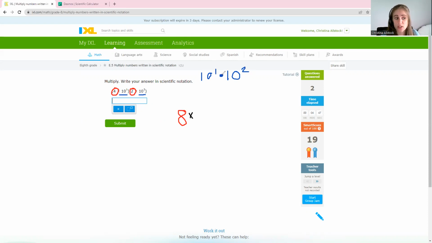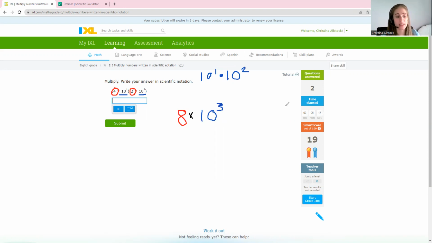Remember, with the properties of exponents, if you are multiplying two powers with the same base, so our first power is 10 to the first, our second power is 10 to the second, do they have the same base? Yep, they both have a base of 10. That means we can use the product property, which tells us that we're going to add our exponents. So 1 plus 2 is 3.